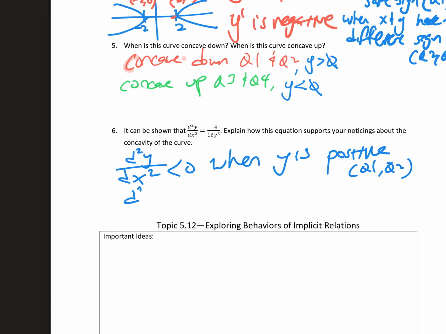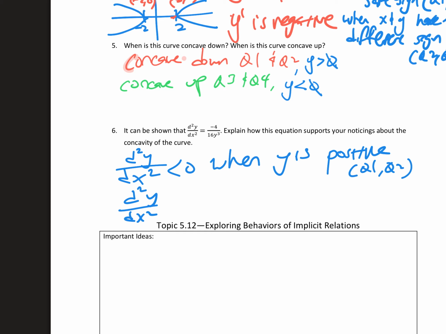And on the other hand, in the other case, for quadrant 3 and 4, when y is less than 0, when plugging a negative number there, say let's just choose negative 1. Negative 1 cubed is negative, times 16, a negative number. Negative 4 divided by a negative number is positive.